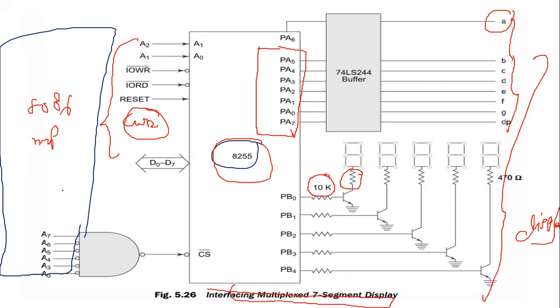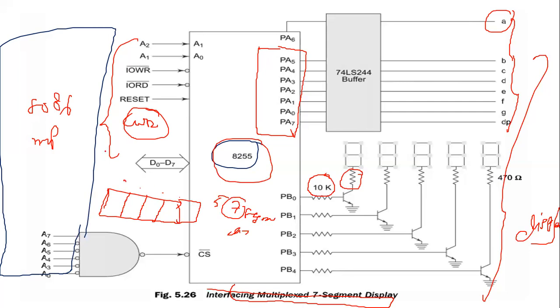Okay, so as far as the display is concerned, suppose this is one 7 segment display, this is another 7 segment display, and this is another 7 segment display also. How many displays do I want to take here? I want to take 1, 2, 3, 4 7 segment displays, or for suppose 5 7 segment displays.